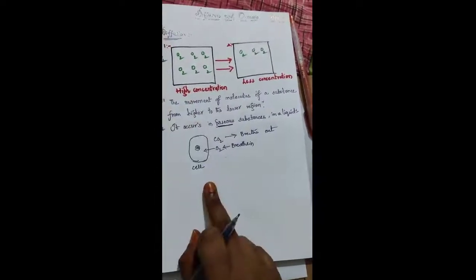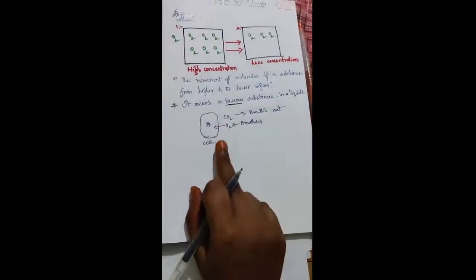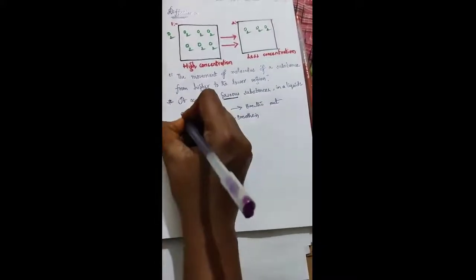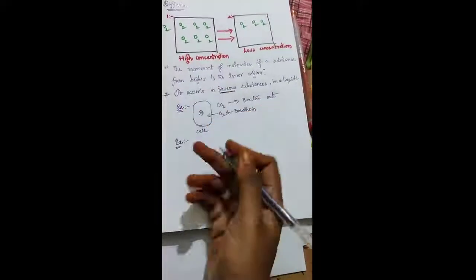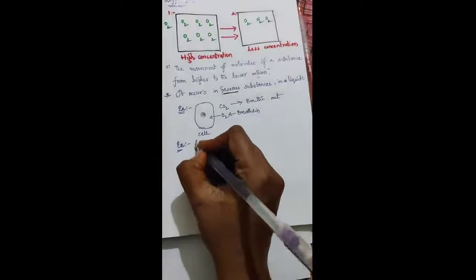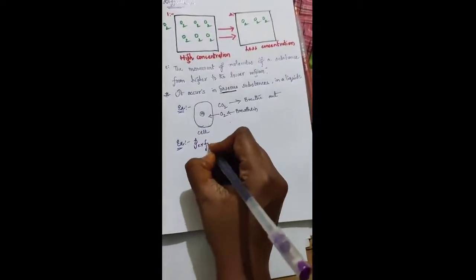In this process, diffusion takes place in our body. This is one example when you are talking about inside of our body, and now coming to the outside. Inside of a body, in a cell, or outside of a body, an easy example is perfume.